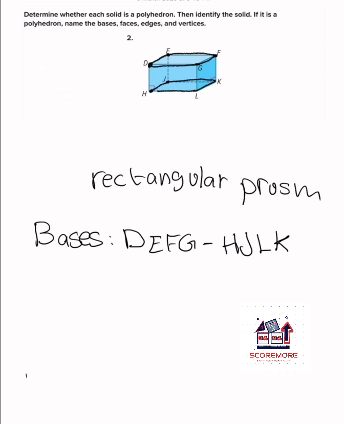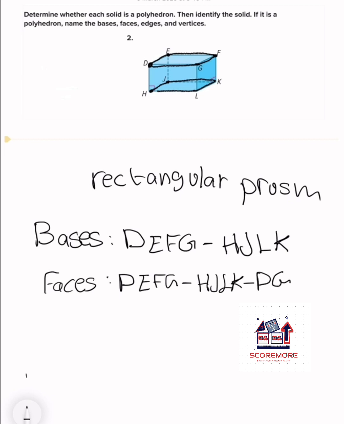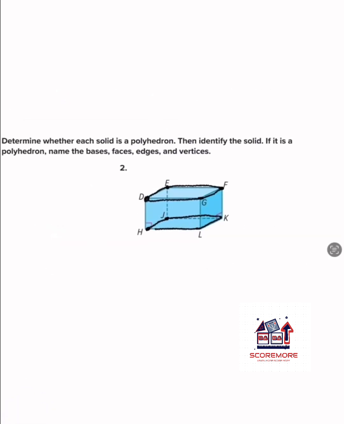Let's complete. So now let's see what the faces of this rectangular prism are. Faces can be D, E, F, G, or the same thing, H, J, L, K, or it can be D, G, H, L. Let me show you in the figure.